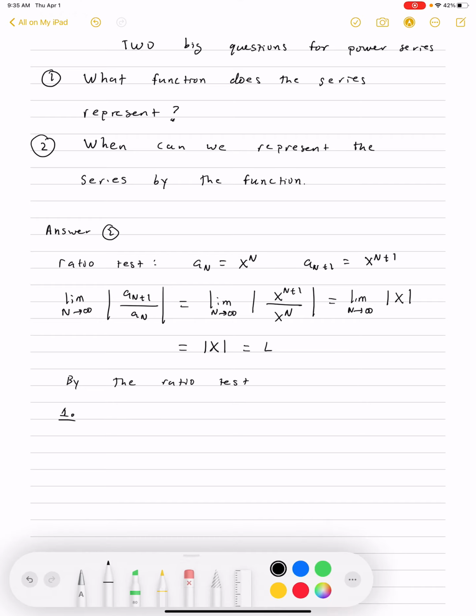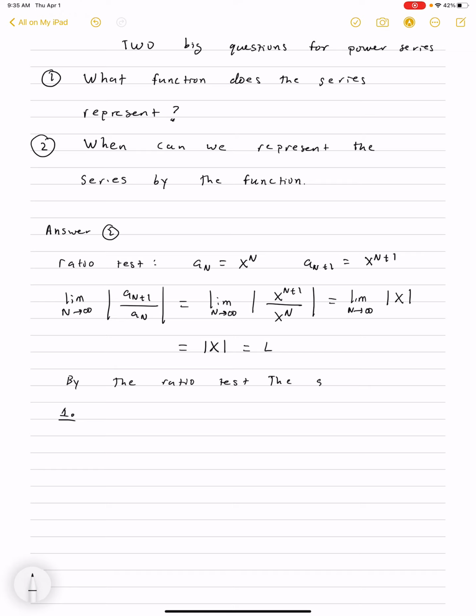By the ratio test, the series converges if the limit, which is the absolute value of x, is less than 1, i.e. the absolute value of x less than 1 means that x is bigger than minus 1 and less than positive 1. That's just how the absolute values work.